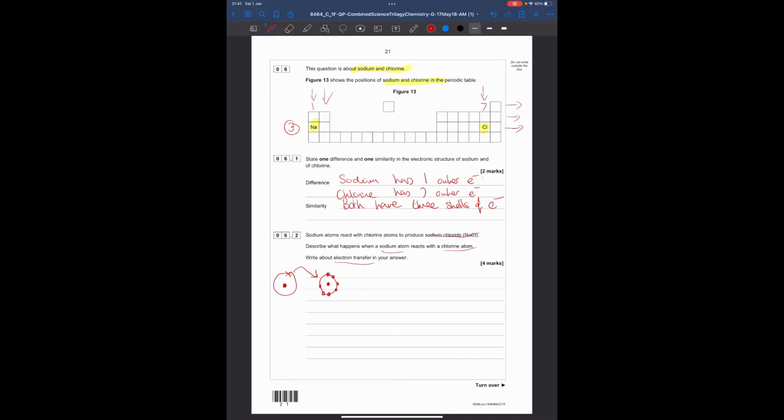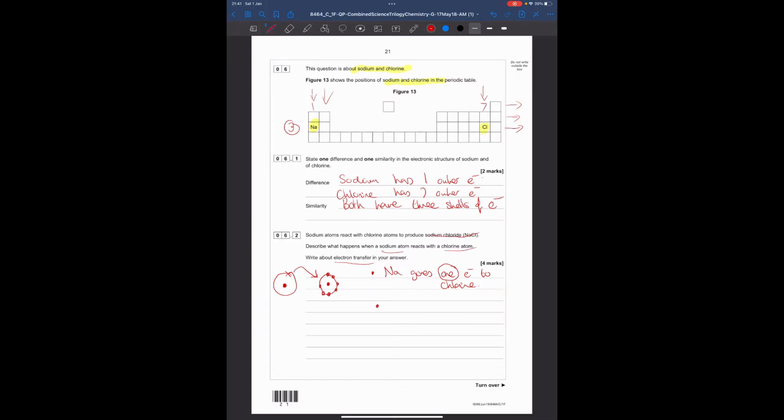So you could summarise it as this. Sodium gives 1 electron to chlorine. Now in that one sentence there, you've actually got 2 marks because you've said what is happening and you're saying how many electrons are moving. So 1 mark for saying that it's sodium giving it to chlorine, 1 mark for saying it's 1 electron.